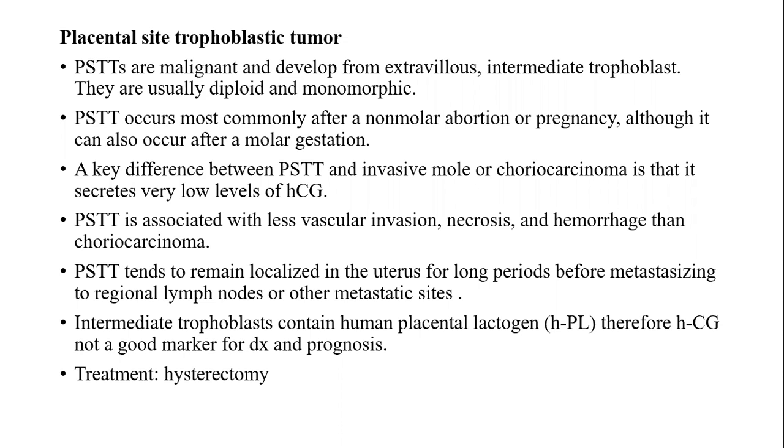A key difference with the other two is that human placental lactogen is usually used to monitor the placental site trophoblastic tumor, and it's associated with less vascular invasion, necrosis, and hemorrhage compared to choriocarcinomas. Most tend to remain localized in the uterus for long periods before metastasis occurs to regional lymph nodes or other metastatic sites. Treatment for this is mostly hysterectomy.